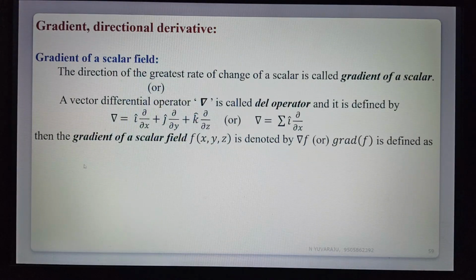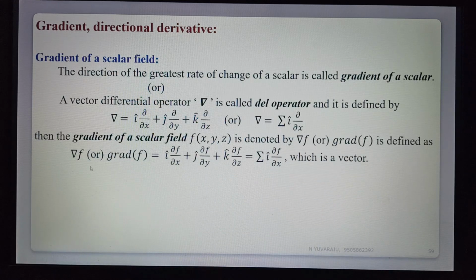Therefore the gradient of a scalar field f of x, y, z, where f is a scalar, is denoted by del f, or grad f. Del operating on f gives del f, or grad f, equal to i dou f by dou x plus j dou f by dou y plus k dou f by dou z.